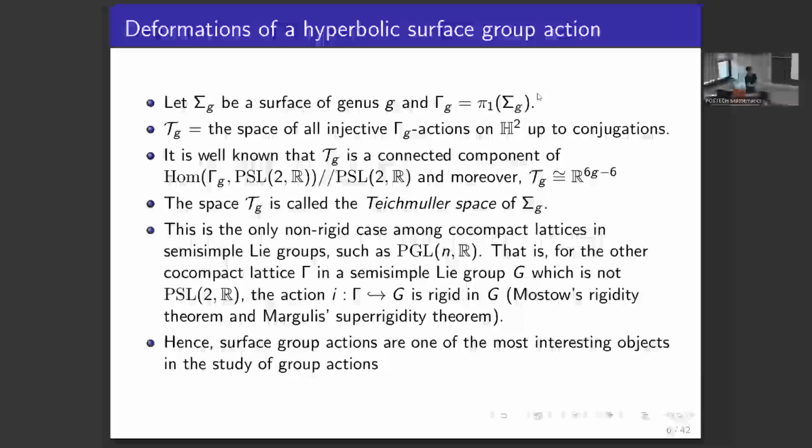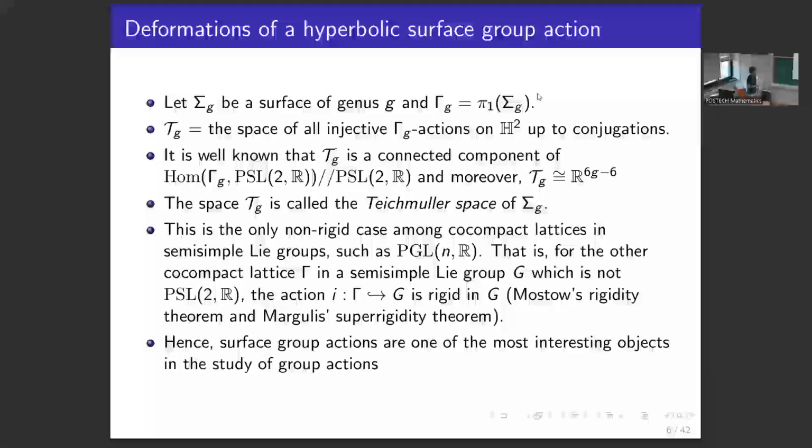Due to the Mostow rigidity theorem and the Margulis superrigidity theorem, there is no deformation. So all the co-compact lattices in semi-simple Lie groups are rigid, except for the PSL_2(R) case. So this is the only stable case in the semi-simple Lie group setting.